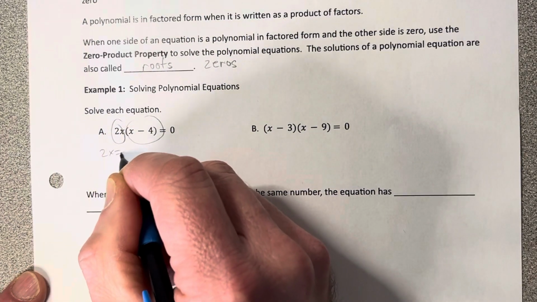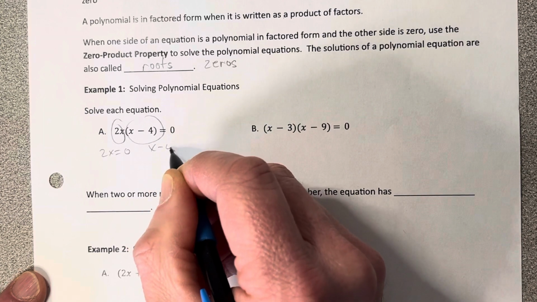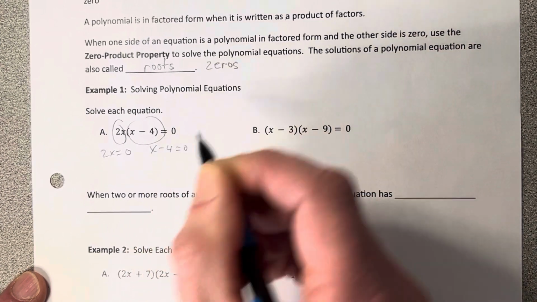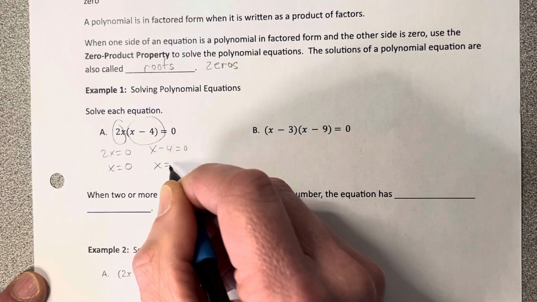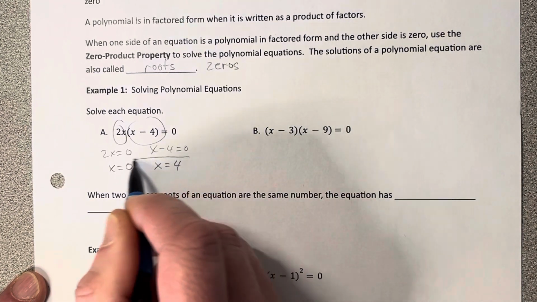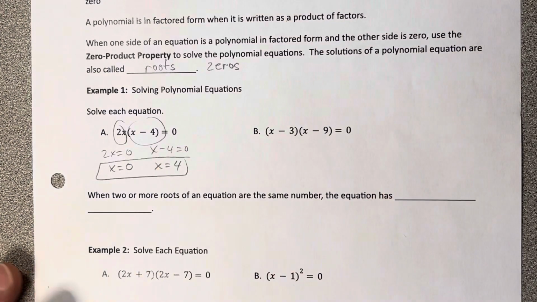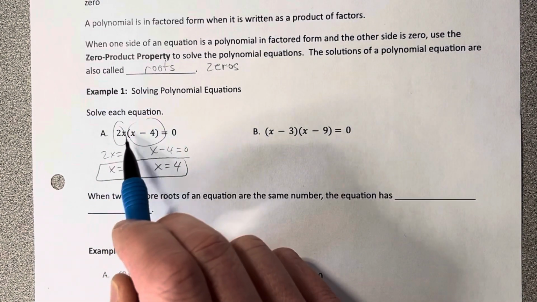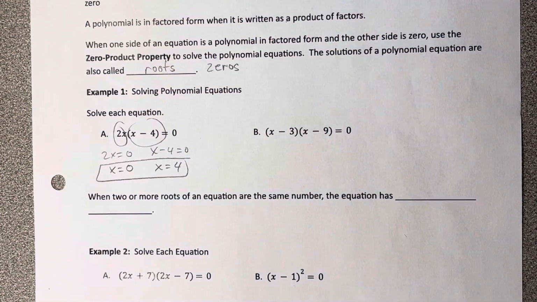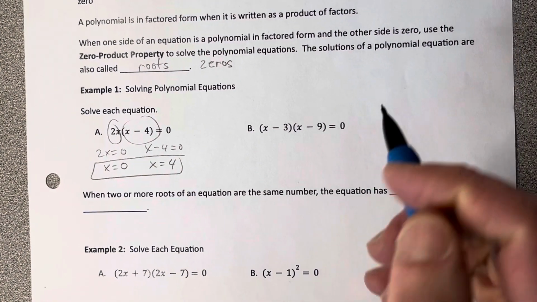Either 2x has to be 0 or x minus 4 has to be 0. And so you solve the two equations. It turns out that's a solution to this equation that was in factored form. Factored form means that it was written as a multiplication problem.